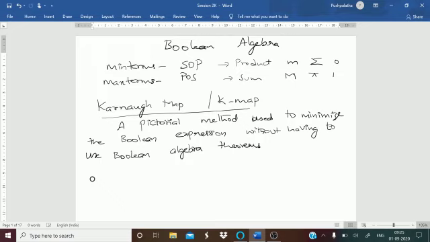So it is a simple and easier way of minimizing a Boolean expression.